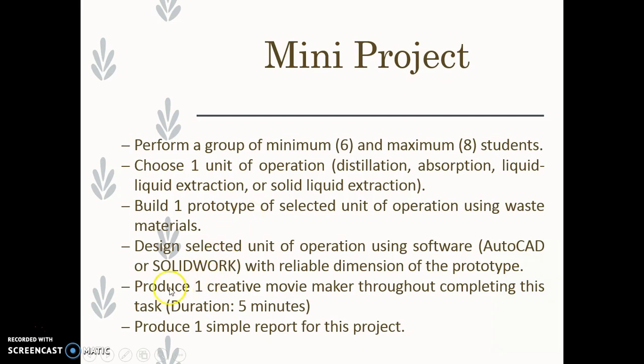You will also need to produce a creative movie, which means producing a video telling me how you develop your prototype, how you design the prototype using the software, and more. And then you also have to produce one simple report for this project.